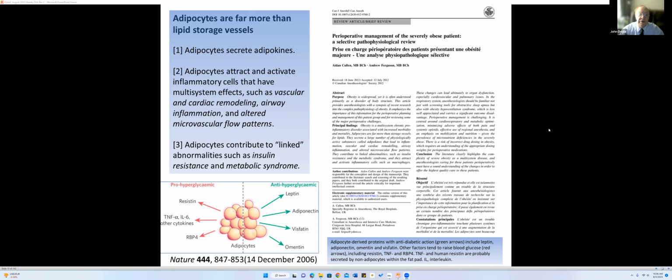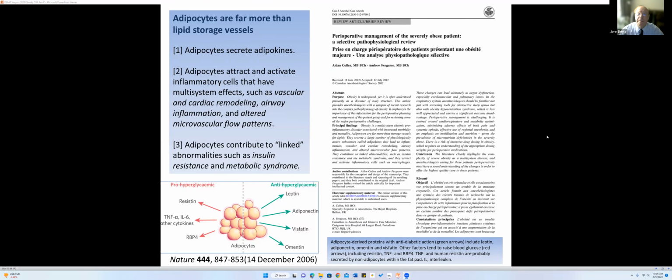So they're linked to things like insulin resistance and metabolic syndrome. So you must not think that these are benign cells that have no clinical effect other than storing fat. They are metabolically active.